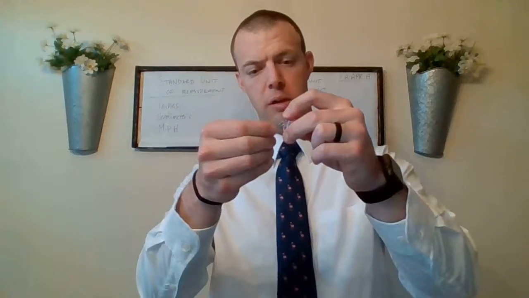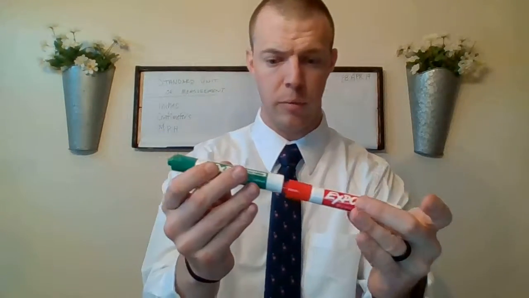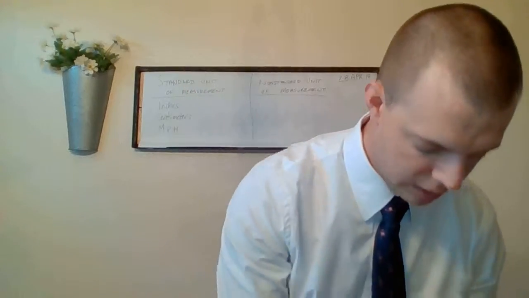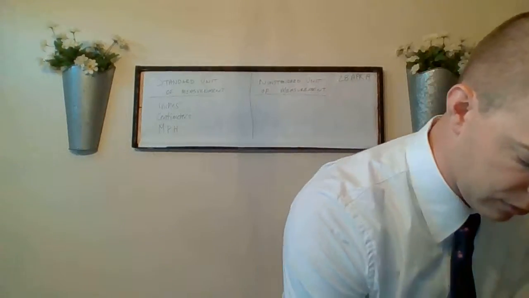So in order to measure them, we can hook paper clips together, right? So being able to hook paper clips together, being able to utilize Expo markers, they clip together like this, right? You guys can check it out. Staplers are pretty standard. They come basically a one-size-fits-all. And popsicle sticks, right? Just like a pencil, they're all going to measure out.